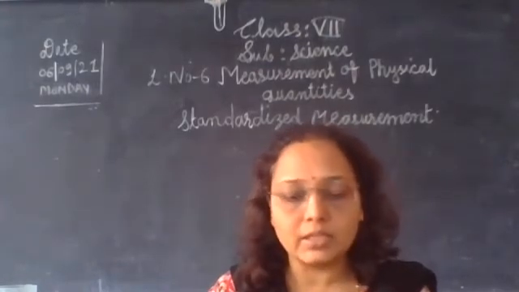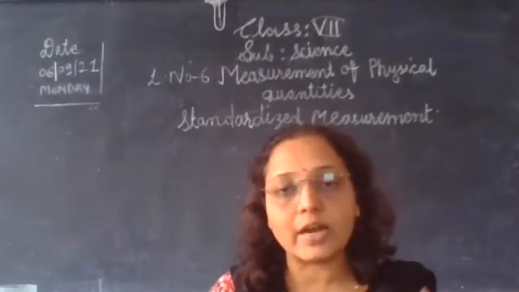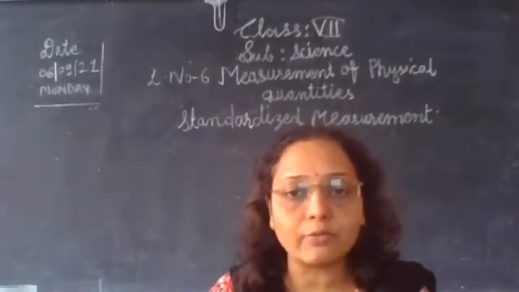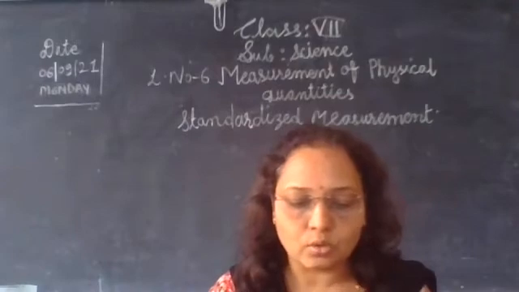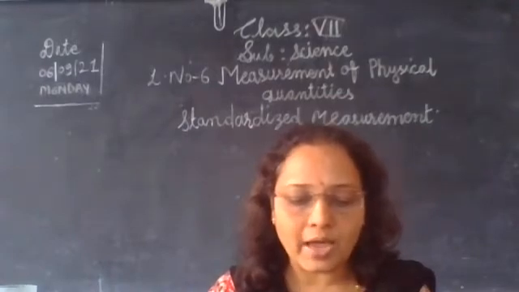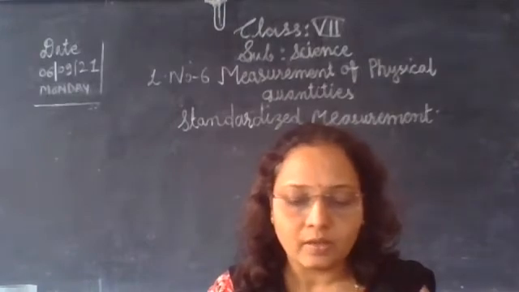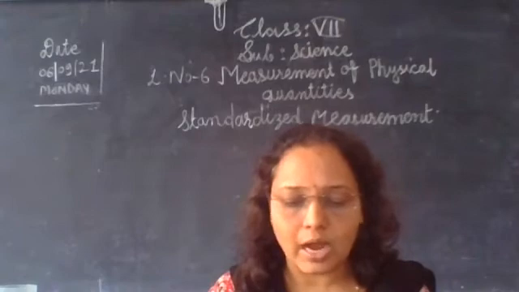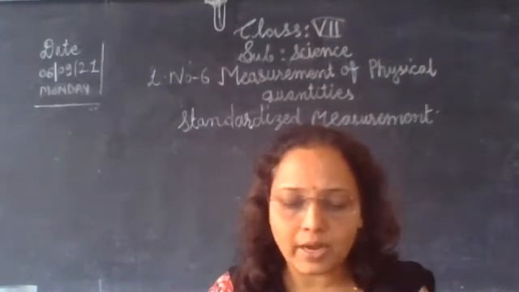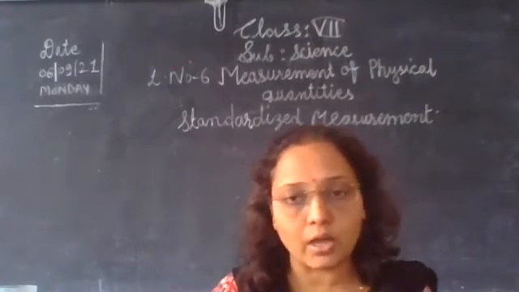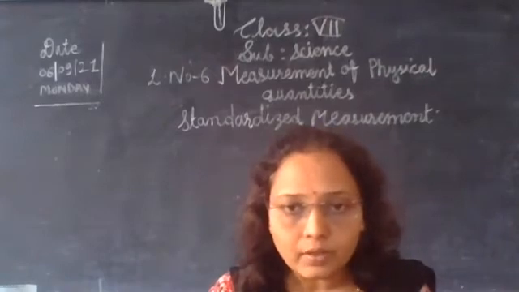So why is there a need for such standard units? Suppose a span of the hand is accepted as a unit for measuring length. With this unit, we can measure the length of a cloth as 2-hand spans, 3-hand spans, and so on. Is it possible?